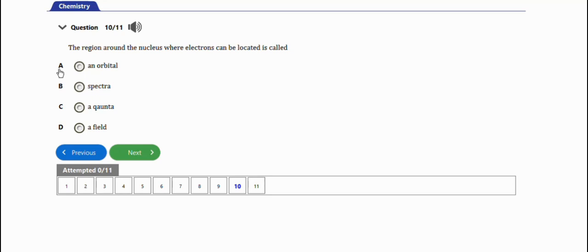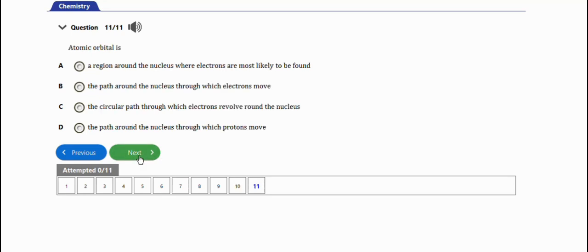Option A is the right answer to this question. The last question before I end this video is this one. It says atomic orbital is a region around the nucleus where electrons are most likely to be found. So that's the right answer to this question, option A.